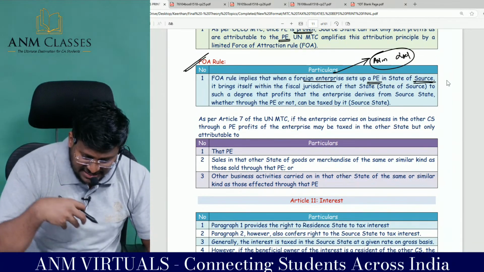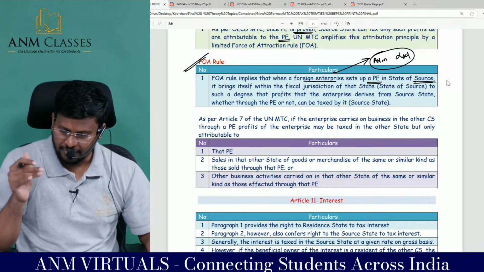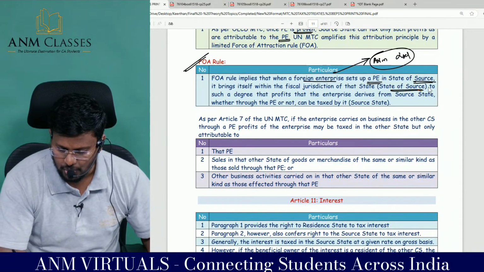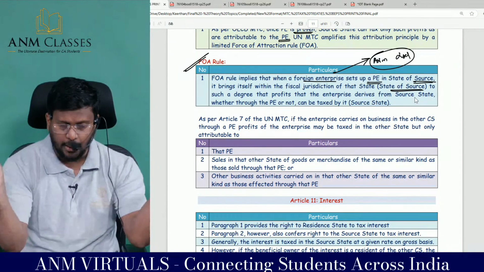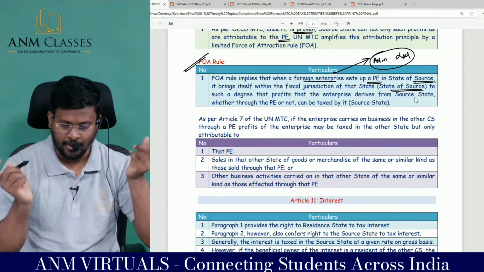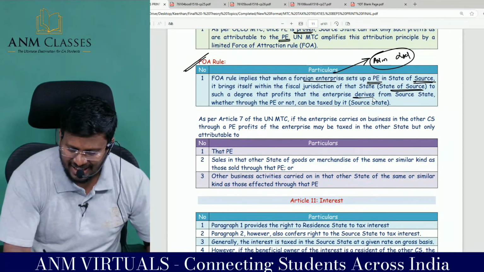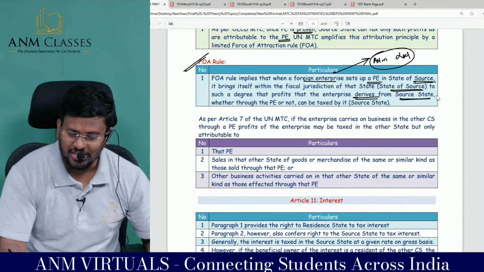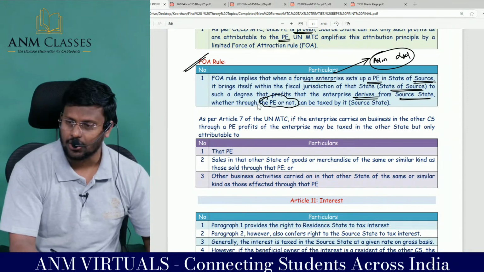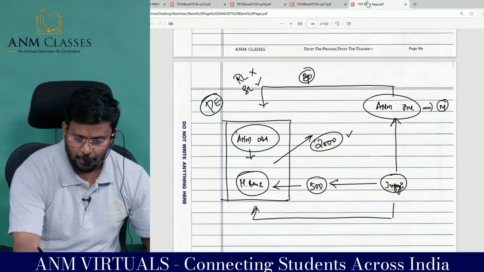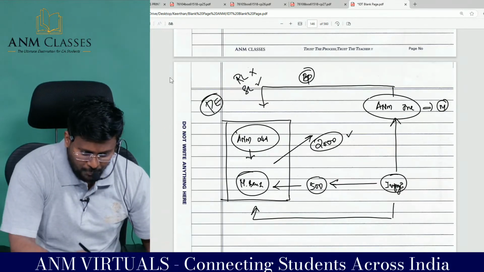It brings itself within the fiscal jurisdiction of that state, that is the state of source, to such a degree that, to what degree the profit will be taxable is what it is explaining. That profit that the enterprise derives from the source state, whether through the PE or not. Sir, this profit they have not derived through this PE.